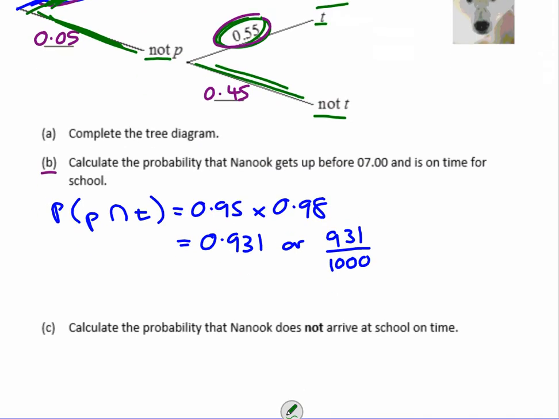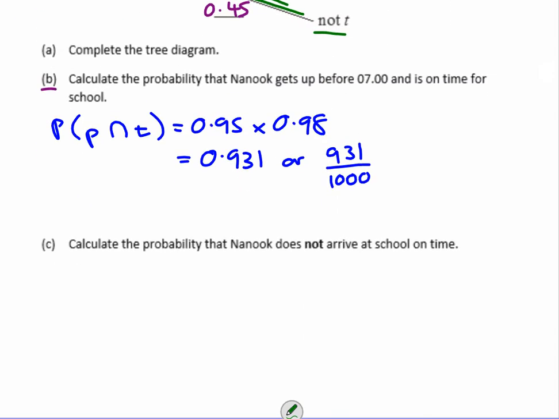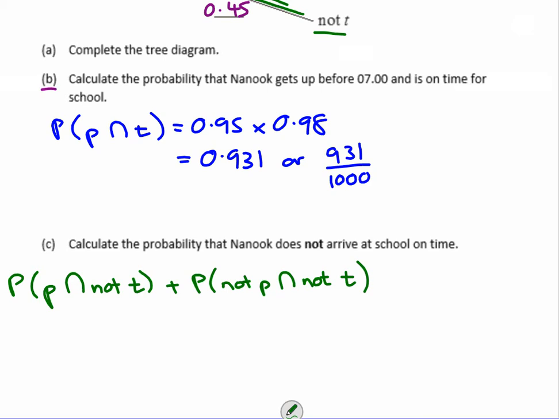So let's write that out. It's like saying in symbols the probability of P and not T, plus, because it's like an or question, or this outcome, the probability of not P and not T. So there are two branches.